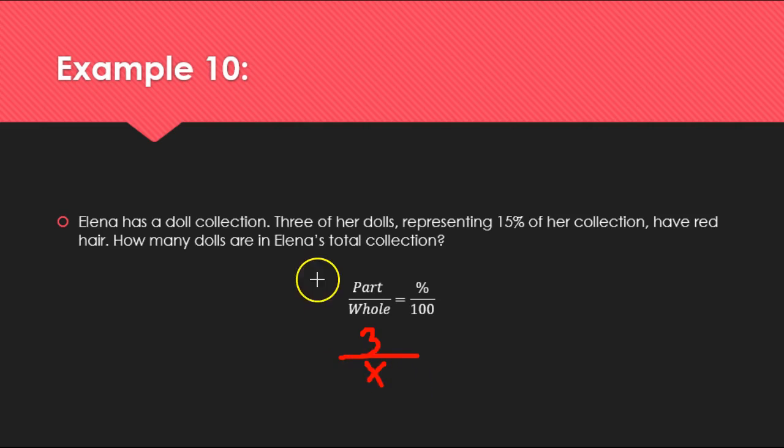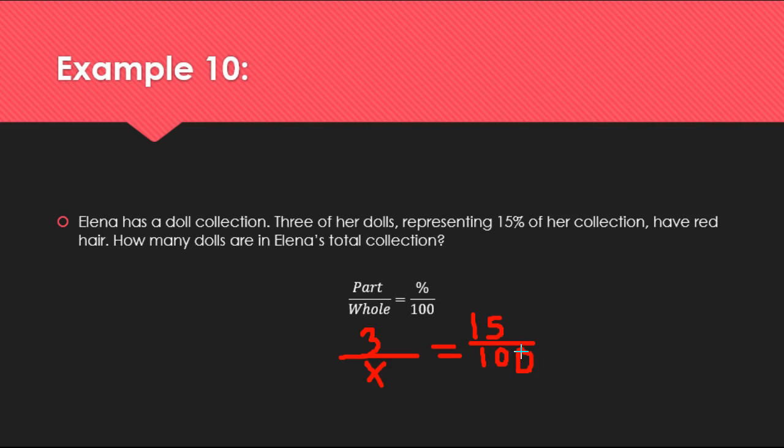And I say something because the total collection is what we want to know. How many is in that total collection? And then I know it says that 3 of her dolls represents 15%. So it represents 15 out of the 100%.